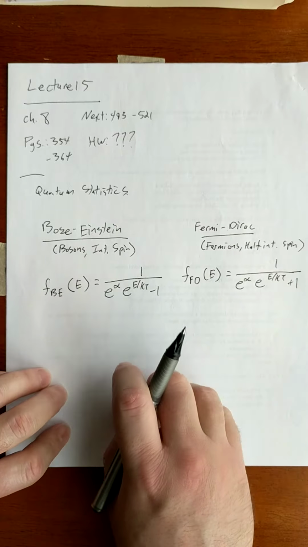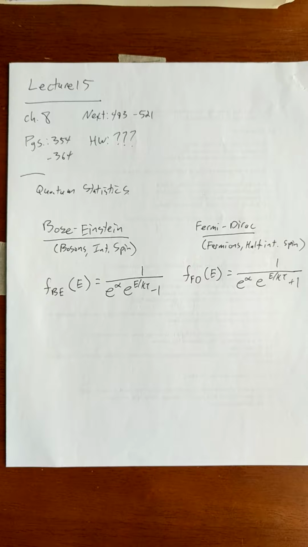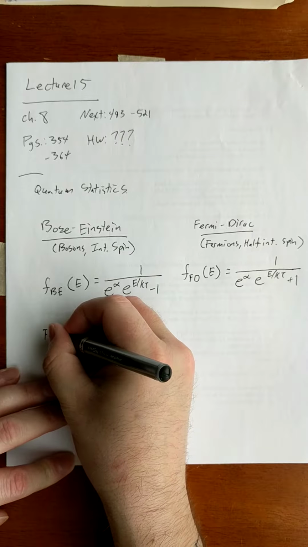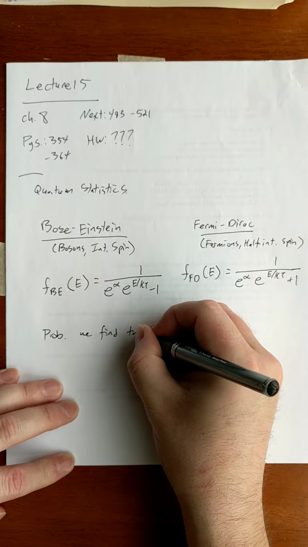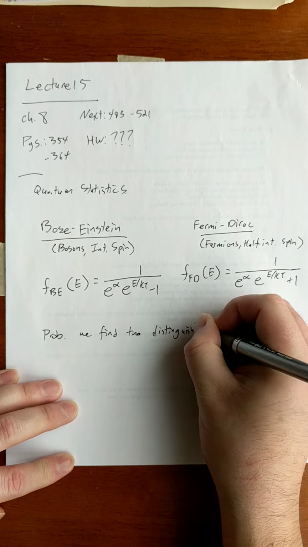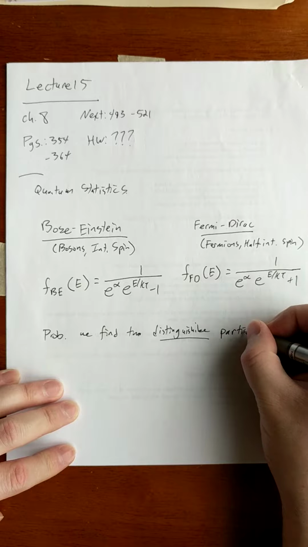Quantum mechanically, the difference between these two, as I mentioned, is how we count particles, and counting and statistics are very closely related. So let's look at the probability of finding two distinguishable particles in the same state.